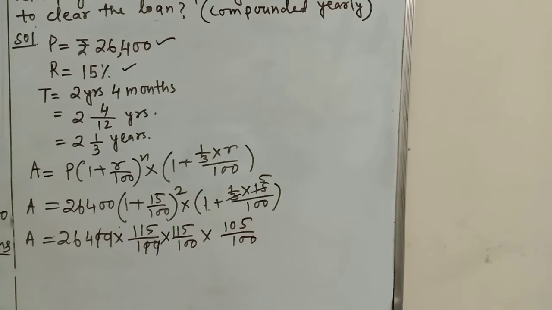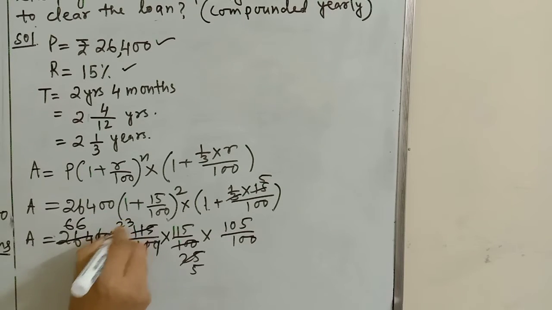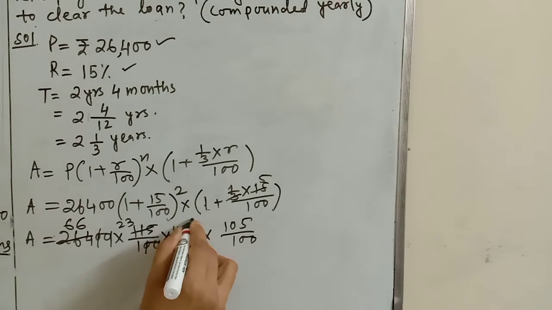Now if you want to cancel this one, whichever way you find easy, you just complete it. Dividing by 4, 26 gives 6, 24, and 25. Now for 5, we get 23, again by 5 it will be 23.